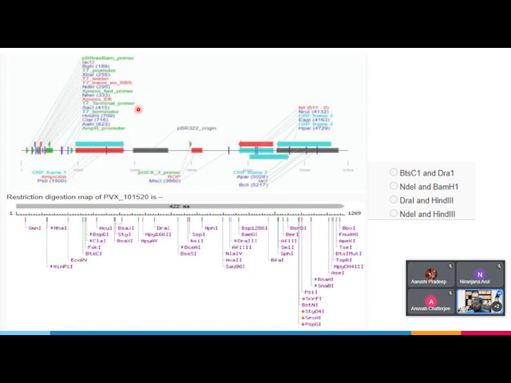So I would like everyone to try and go through the enzymes that are present here and choose the pair that you think is the correct one. You can put your answers in the chat box.